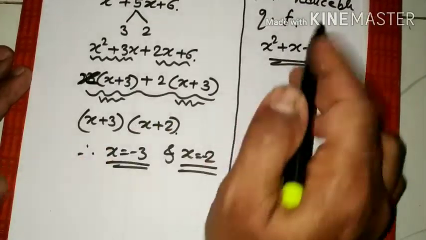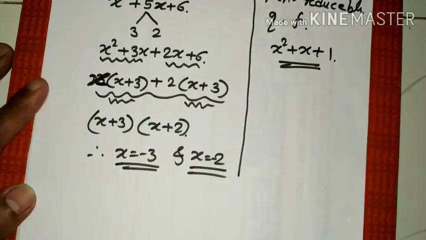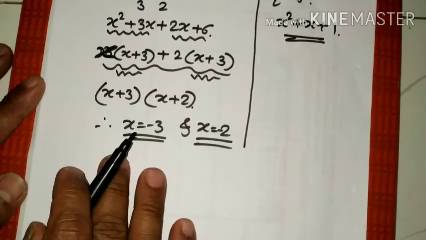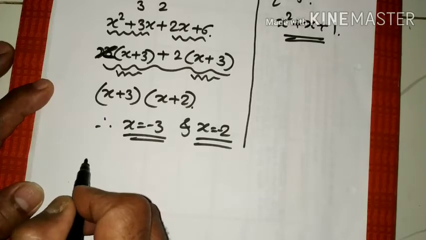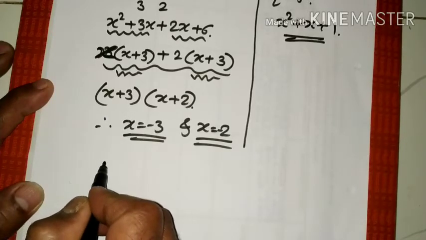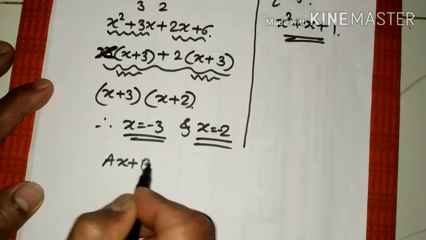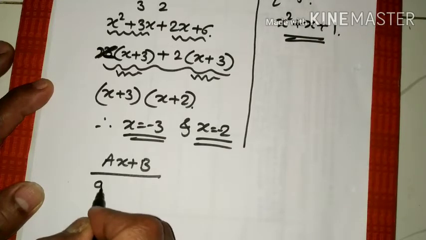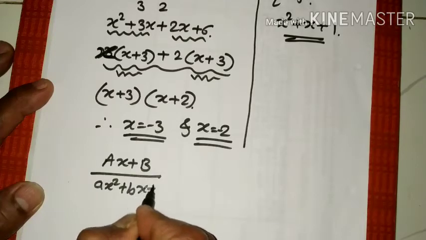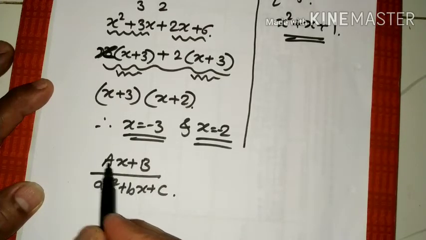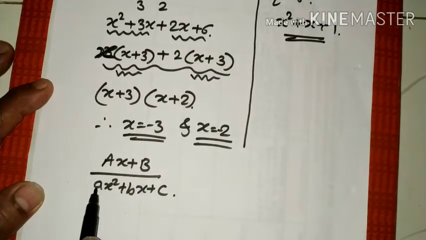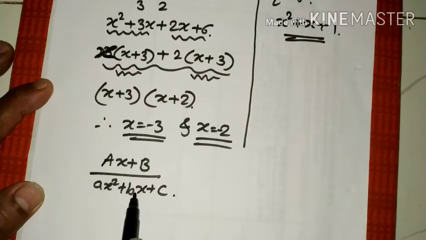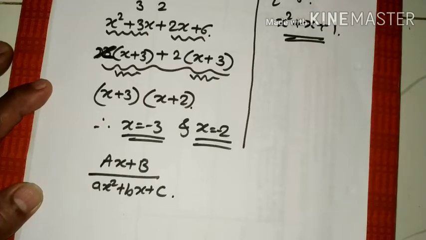For such a non-reducible quadratic we use in partial fraction the form (Ax plus B) divided by (ax square plus bx plus c). Here A and B are arbitrary constants, and small a, b, c are the coefficients of x square, x and the constant.